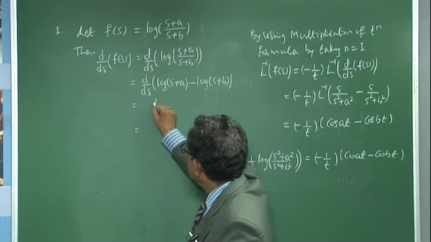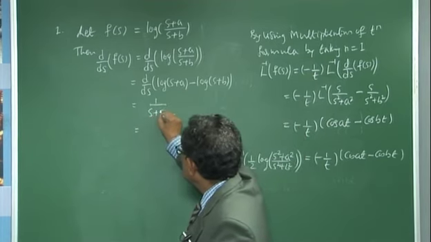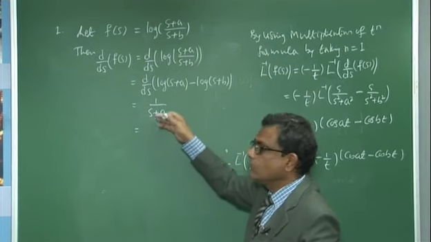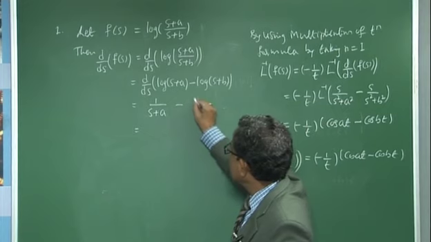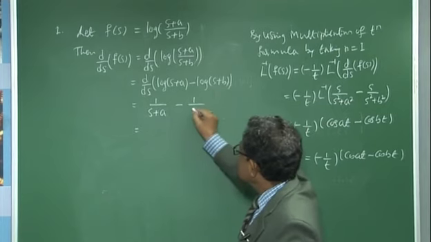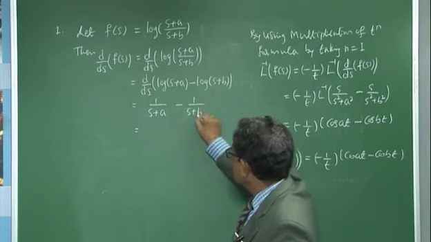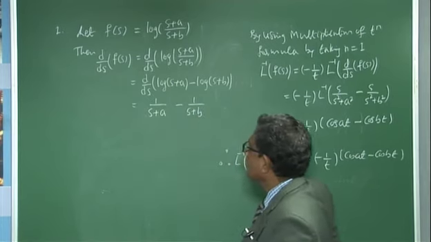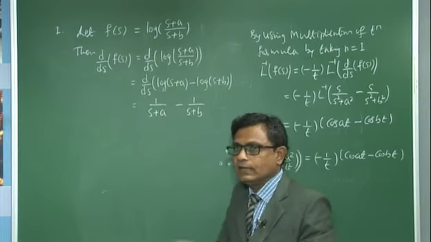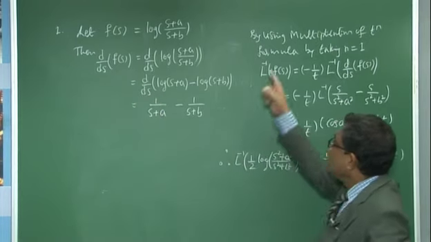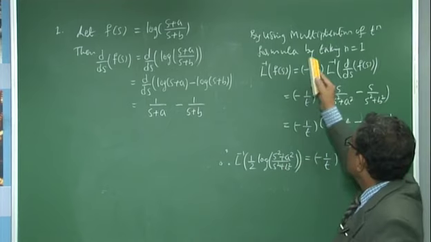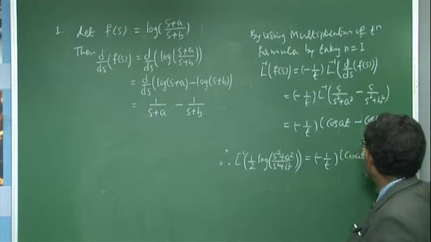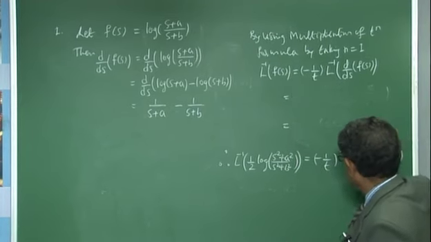Now easily we can find the derivative; log x differentiates to 1 by x. Therefore we can write 1 divided by s plus a, minus the second term, log of s plus b, 1 divided by s plus b. This is the derivative of f of s. Now use the multiplication by t raised to n formula, taking n equal to 1.